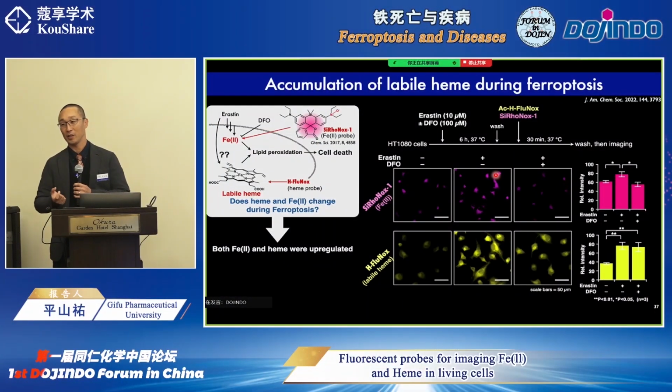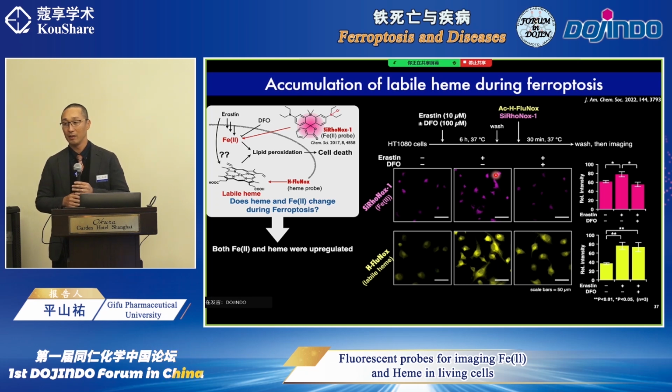So in the presence of some heme proteins such as cytochrome C and hemoglobin, heme in the hemoglobin or cytochrome C can react with our fluorescent probe weakly. So that is why we think that weakly protein-bound heme and maybe protein-free heme is detectable by our fluorescent probe.